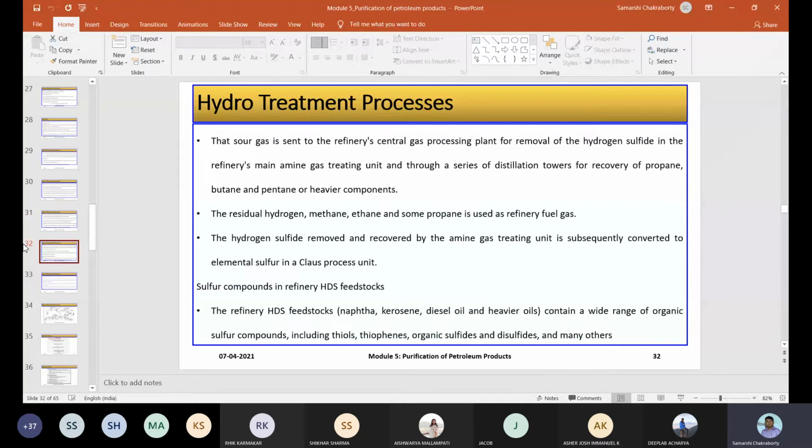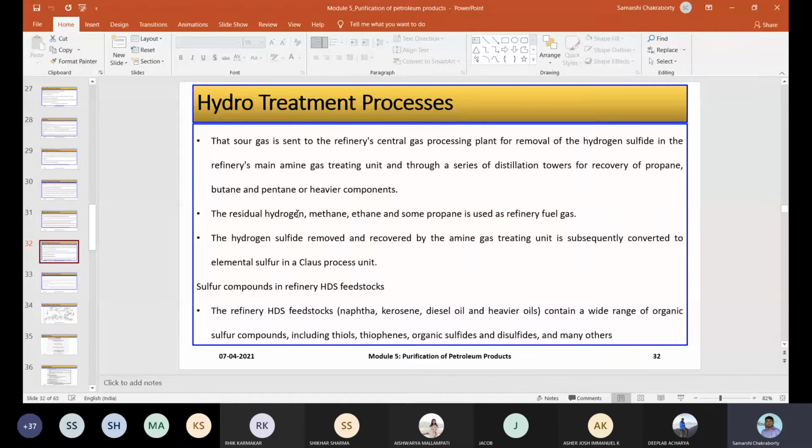So the sour gas is sent to the refinery central processing plant for the removal of hydrogen sulfide in the refinery's main amine gas treating plant. Through this amine treatment, the H2S is going to be removed. The main amine treating plant, through a series of distillation towers, recovers propane, butane, and pentane or heavier components.